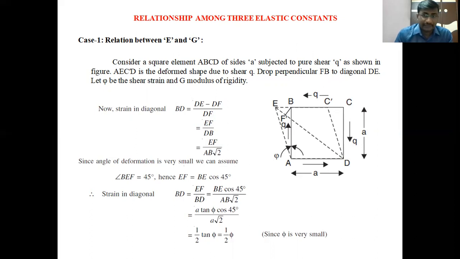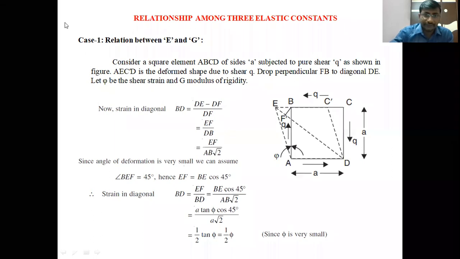A, B, C, D are the surfaces. Consider an element ABCD in the material of side a, subjected to pure shear. Q is the pure shear on 4 surfaces. This is the shear force, shear stress.